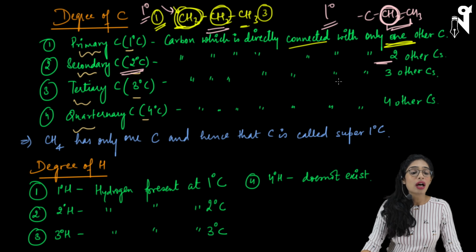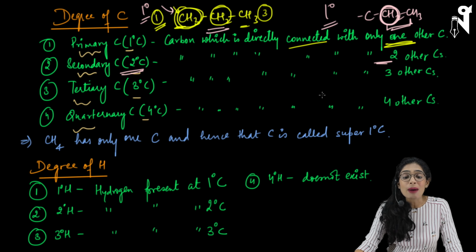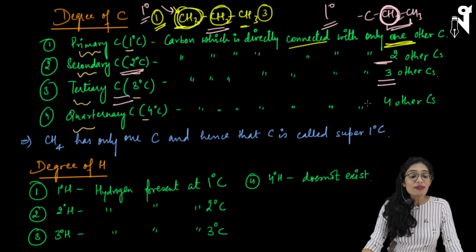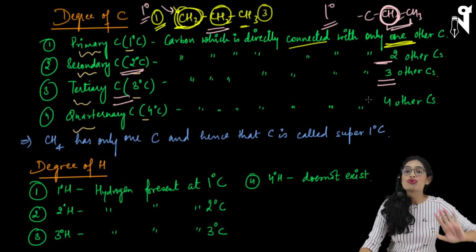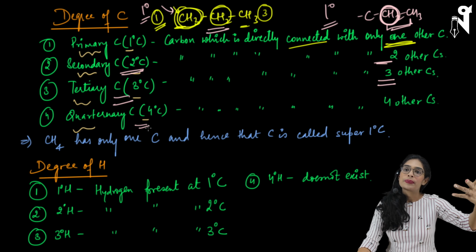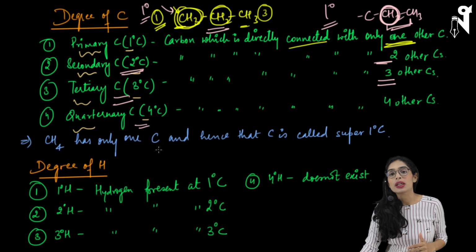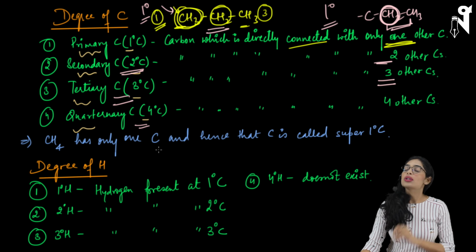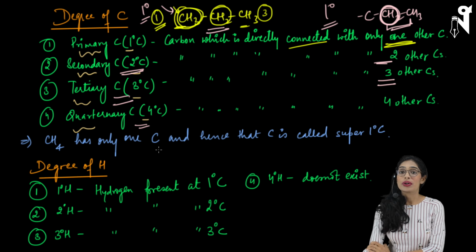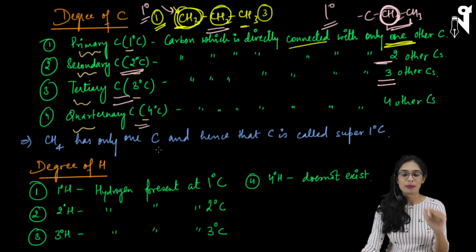Similarly, for tertiary, if the carbon atom is connected to 3 carbon atoms directly, then it is called tertiary. If my carbon is connected to 4 carbon atoms, that means all the 4 bonds have been made with carbon only, then the carbon is called a quaternary carbon. How is it possible? Let me show you.